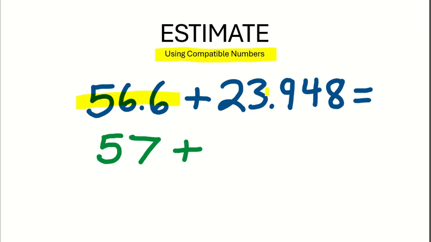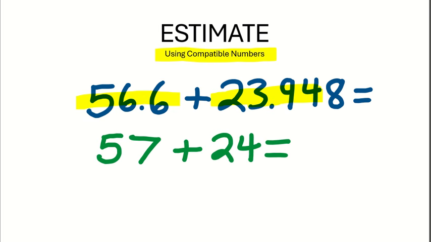And then this is about how much money? $23 and roughly 94 cents, right? If we just go to the hundredths place. So is that going to be closer to $23 or $24? Well, we can see that it'll be closer to $24. And now we have much prettier numbers to add up.